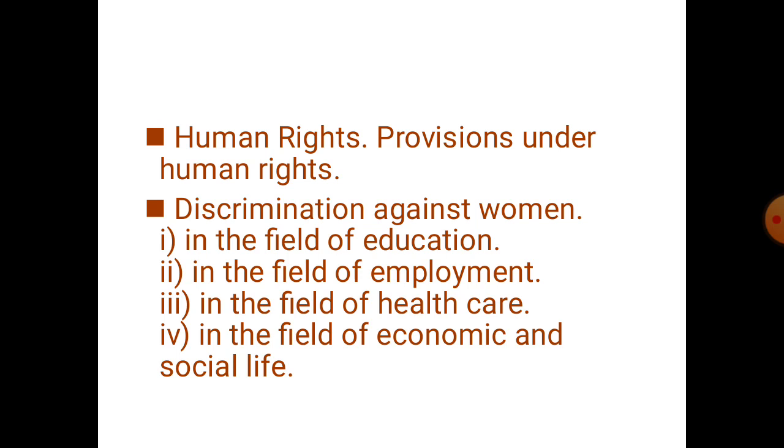Next we are going to discuss the steps taken by the government to eliminate discrimination against women in the field of employment. They have the right to the same employment opportunities, including the application of the same criteria for selection in employment.